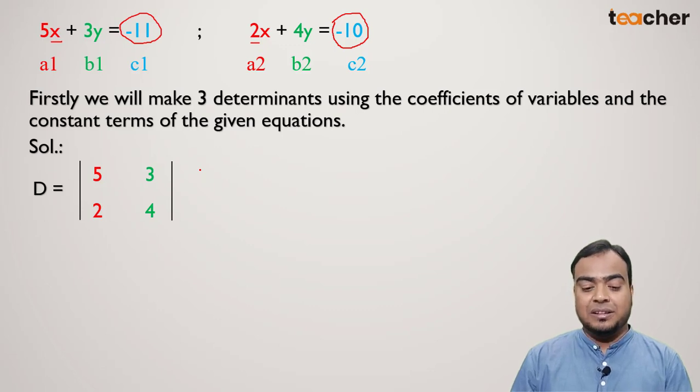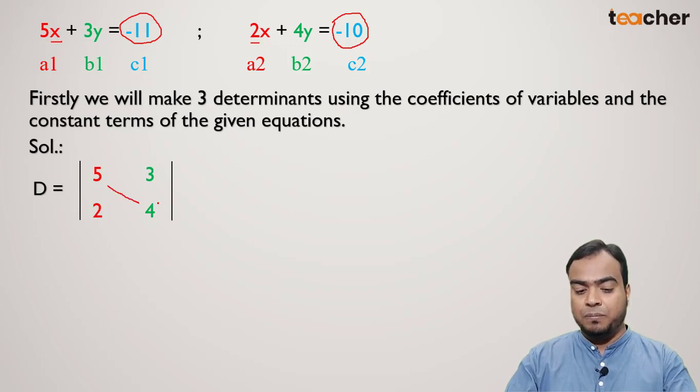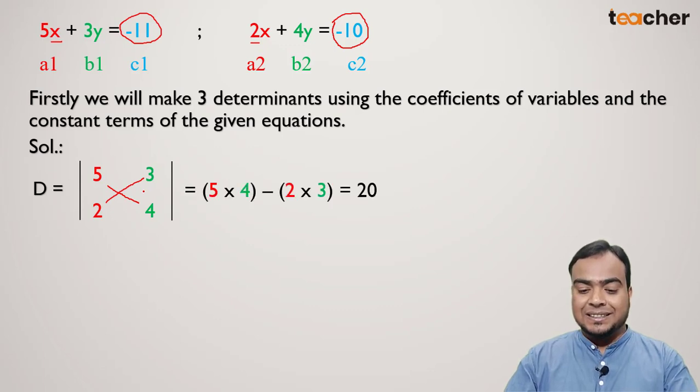Now we will solve with the same method as we have learned in the previous slide: first we will multiply 5 and 4, then multiply 2 and 3 and then find their difference. So in this way we will get the answer 14. 5 4s are 20, minus 2 3s are 6.